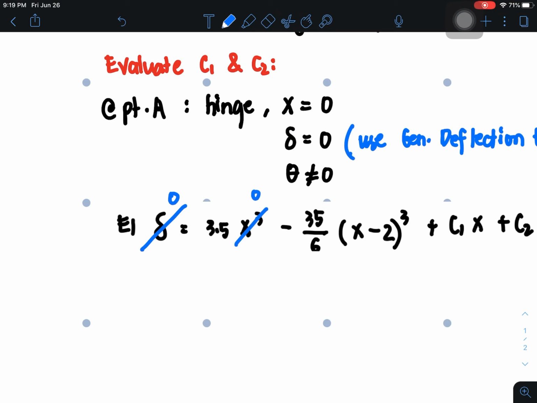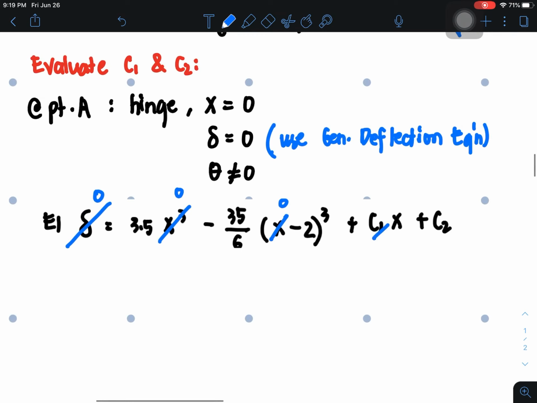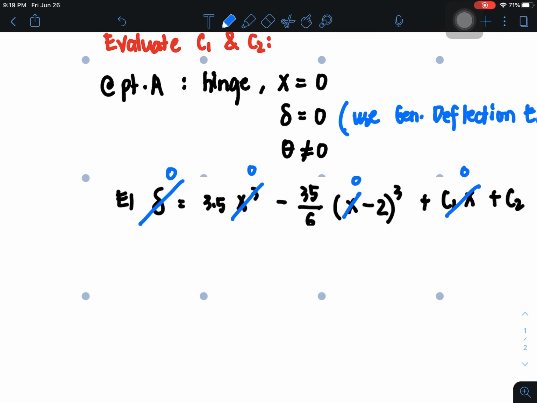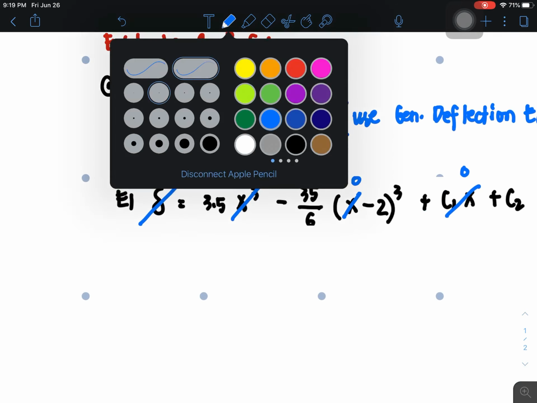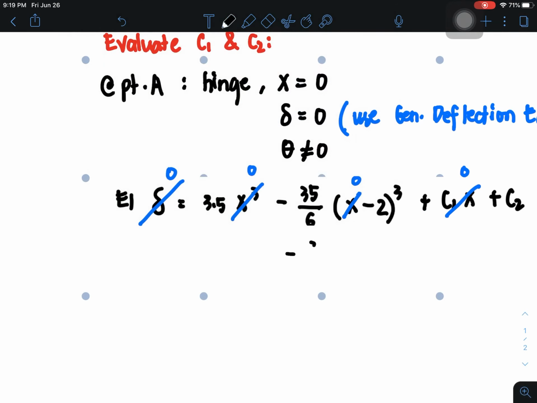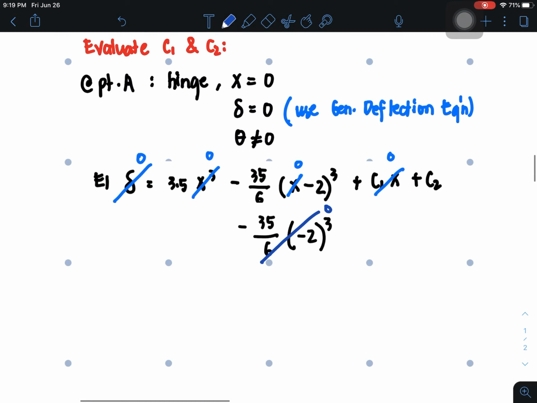So that's 0, this one here is 0. Afterwards, what remains, if we rewrite it, is negative 35 over 6 times negative 2 cubed. Since the inside is negative, it automatically becomes 0.